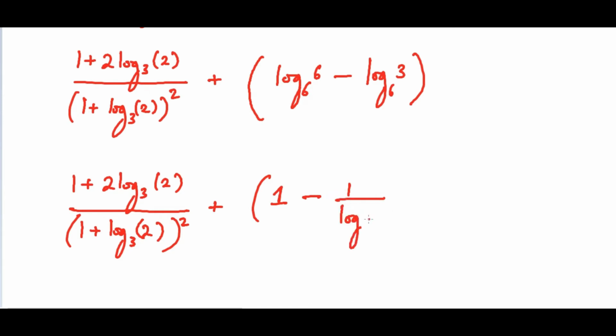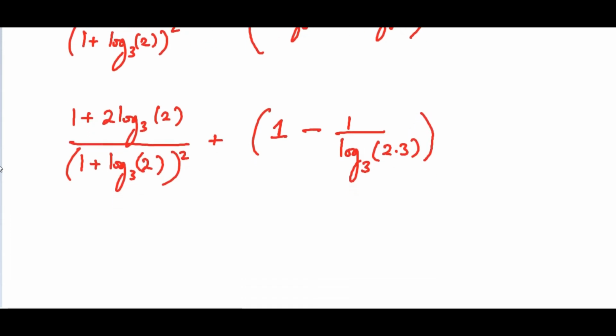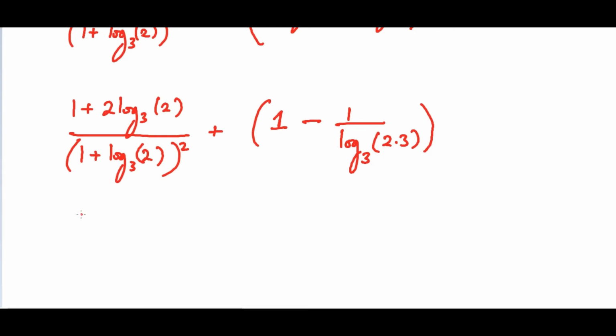You can make this base as 3 and this as 6, and 6 again can be written as 2 into 3, correct? So I am writing it as 2 into 3. And you know why I have written it as 2 into 3, because then again I can do some manipulations.